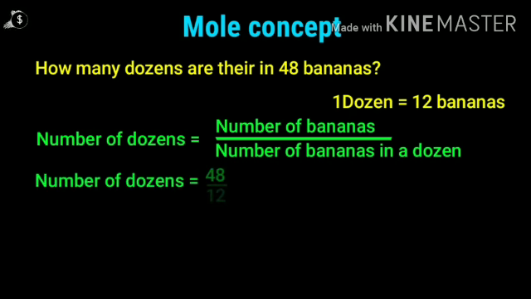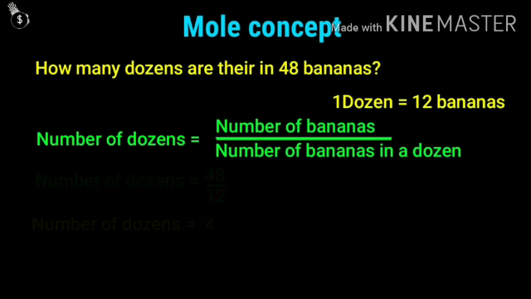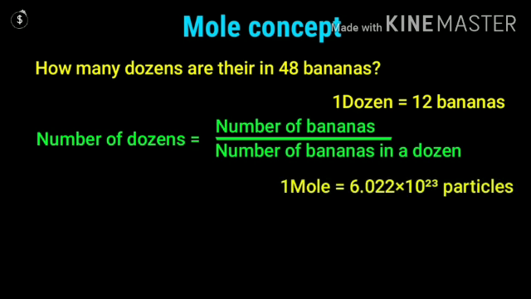Number of dozens equals total number of bananas divided by number of bananas in 1 dozen. So total bananas are 48 upon number of bananas in 1 dozen, 12. So number of dozens equals 4. So this is the method of calculating the number of dozens.